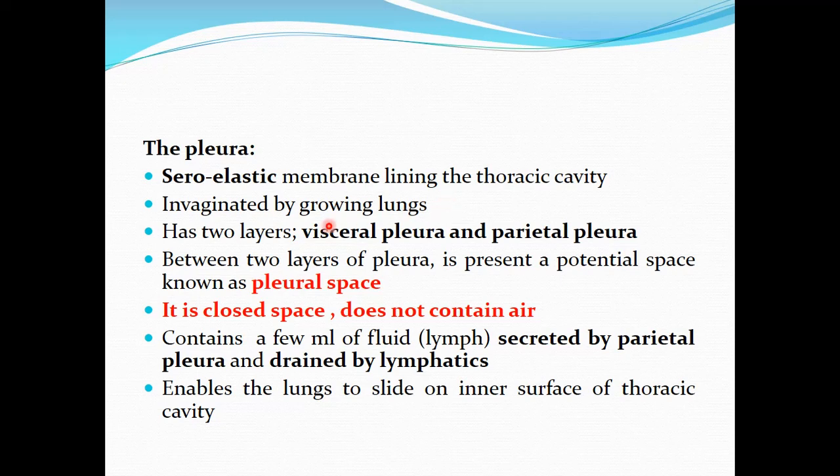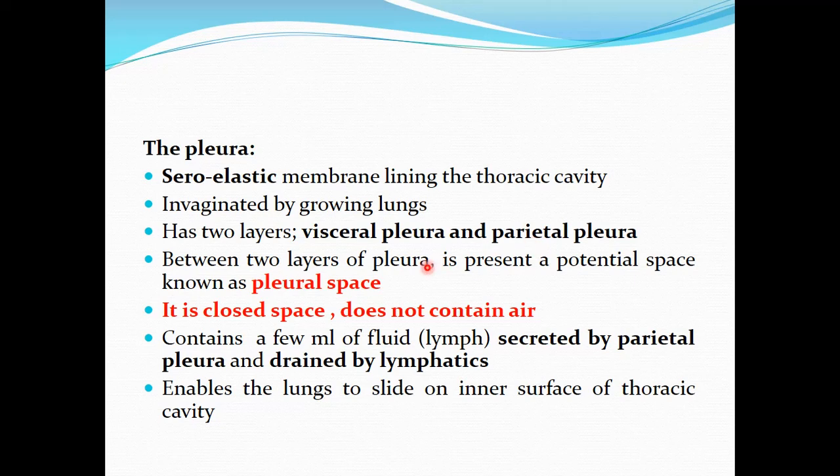The pleural membrane has two layers, the visceral layer or visceral pleura and the parietal layer or the parietal pleura. Visceral pleura lines the outer surface of the lungs, while parietal pleura lines the inner surface of the thoracic cavity.